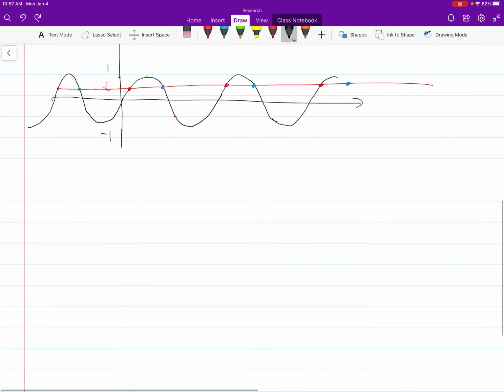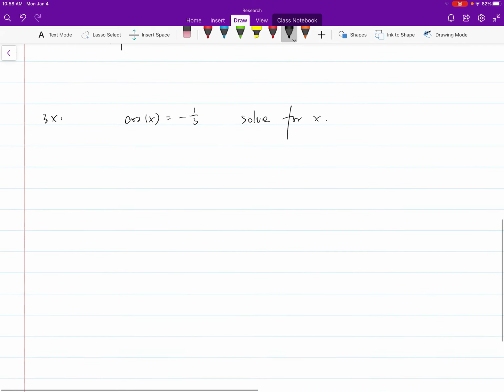Now to make it clear, I want to talk about the procedure. So next time you see sin x equals some number, or maybe cosine x equals some number, let's do an example. Solve for x. Okay. And I will decompose it into the following procedure.